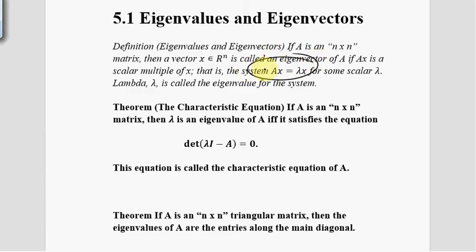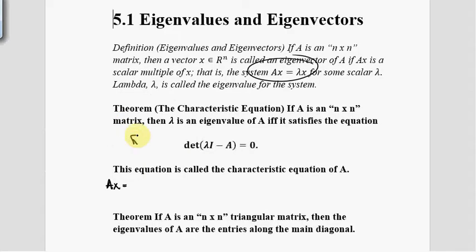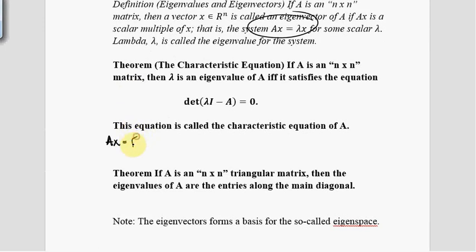So, we say that lambda times x is a scalar multiple of A times x. If that is the case, we have AX is equal to lambda times x.